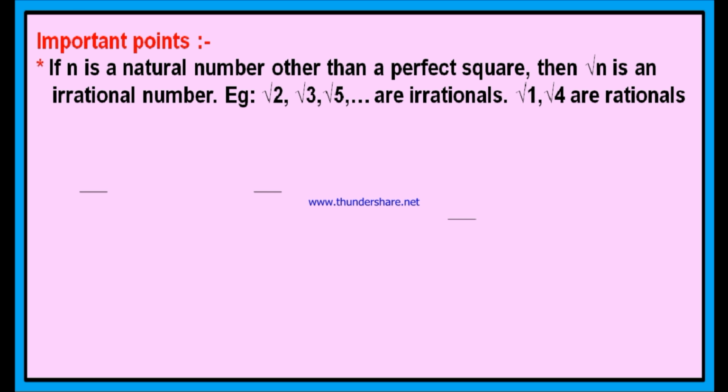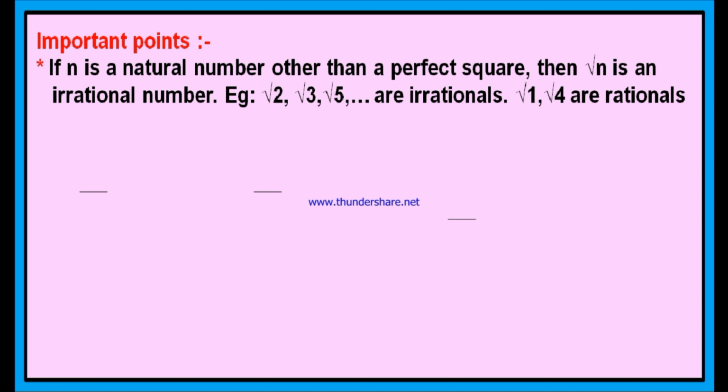Now if you find the square root of 1, you will get 1. If you find the square root of 4, you will get 2. If you find the square root of 9, you will get 3. Similarly, what is the square root of 16? Good, 4. What is the square root of 25? 5. What is the square root of 36? 6.